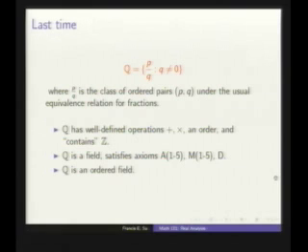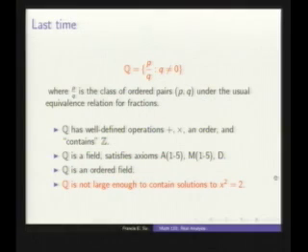In particular, if I look at two rational numbers and I add the same thing to them, then their order relation should stay the same. Or if I multiply them by a positive rational number, then they should still preserve the same order. Okay, great. So this is what we talked about last time.